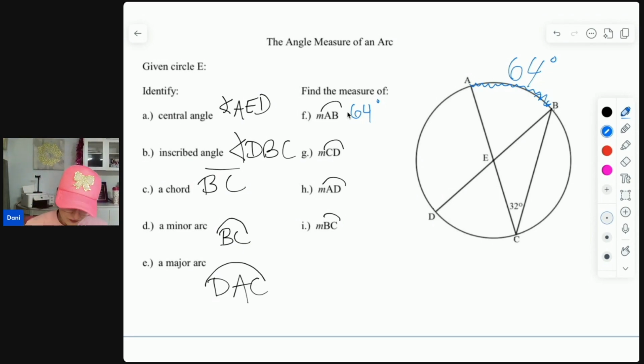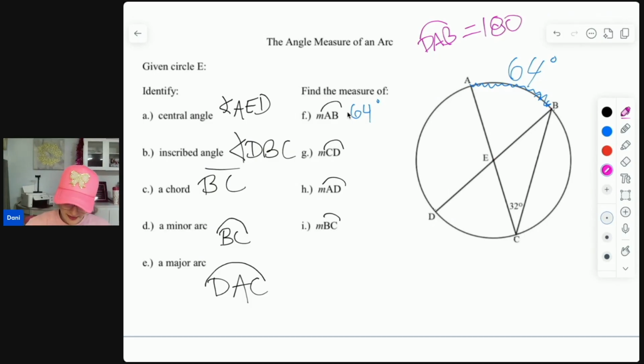Okay. It says given circle E. So I know that E is my center point of this circle, which means DB is a diameter. That means arc DAB is a semicircle. So just for your notes, arc DAB is 180 degrees.